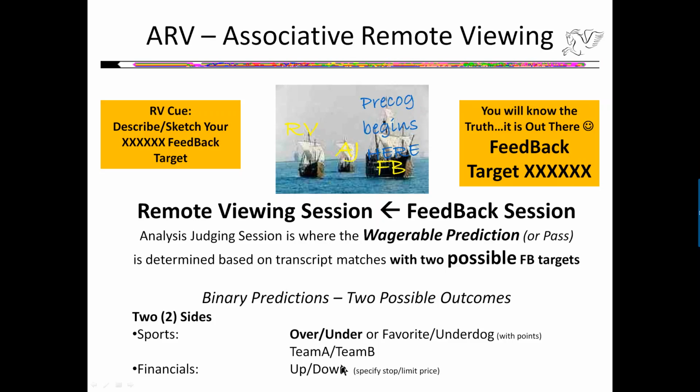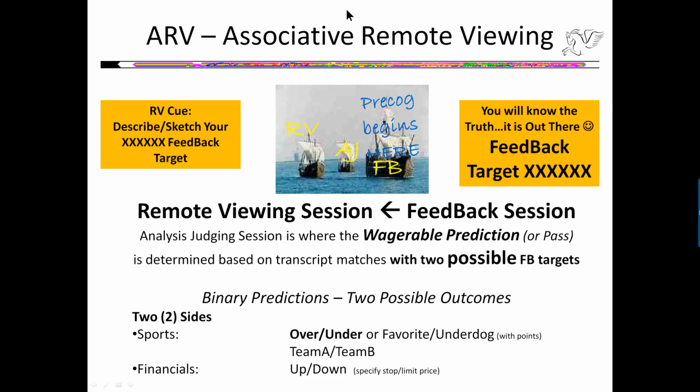So the key is there are two possible outcomes. And guess what? That's why there are two possible feedback targets. One would be associated with one possible outcome. The other would be associated with the other possible outcome.